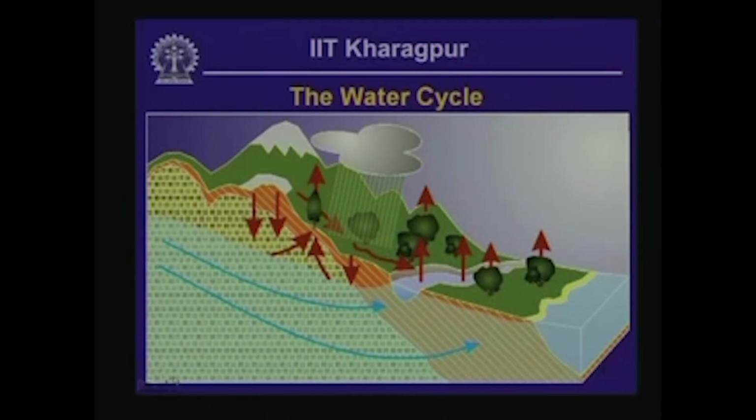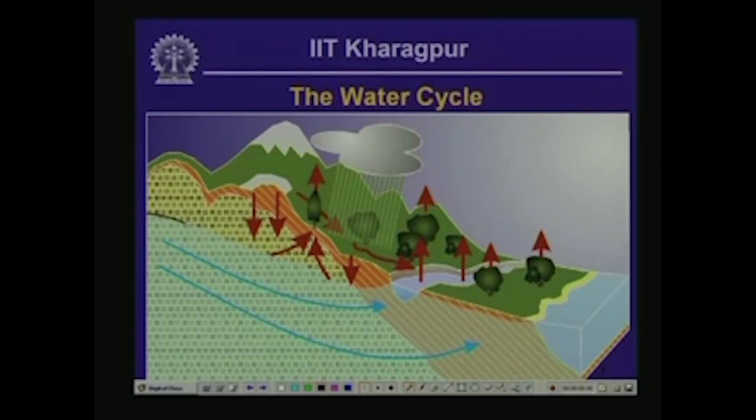In this particular sketch, this one here is the water table, and here we have a water body, we have a water body here, and this one is another water body, as we have already stated, because at these locations the water table daylights, or it cuts through the surface topography.